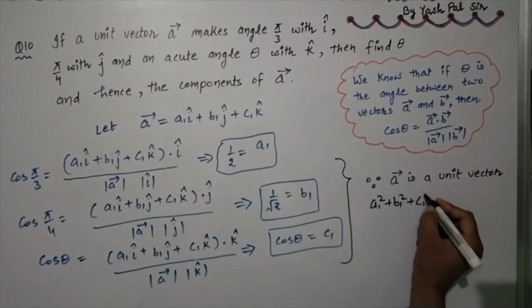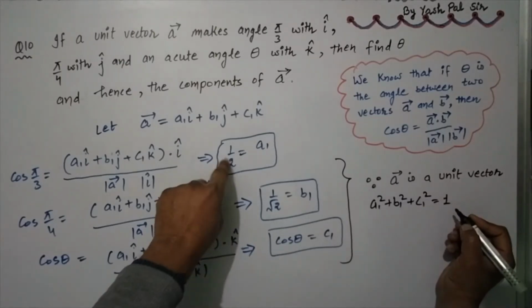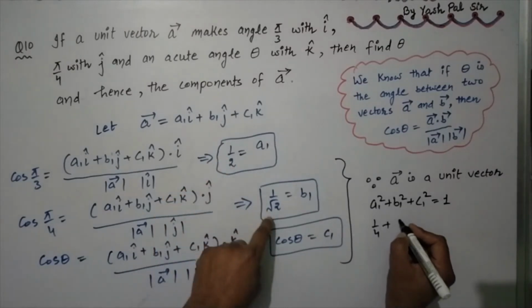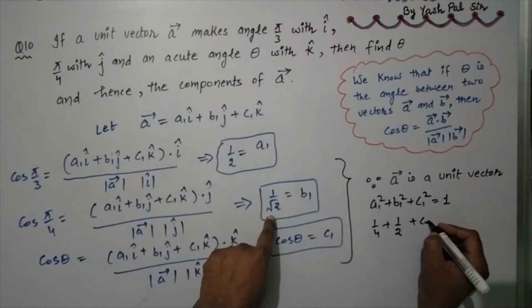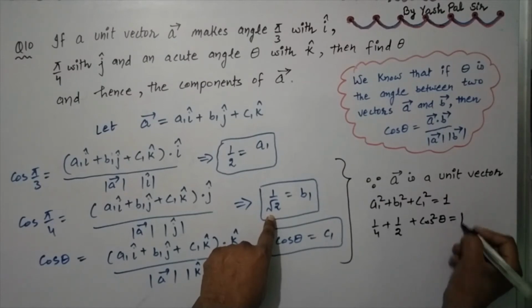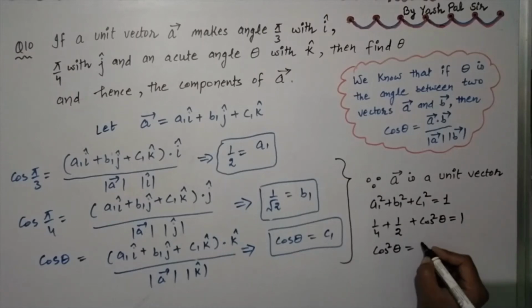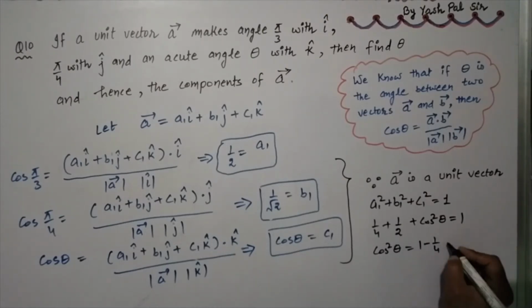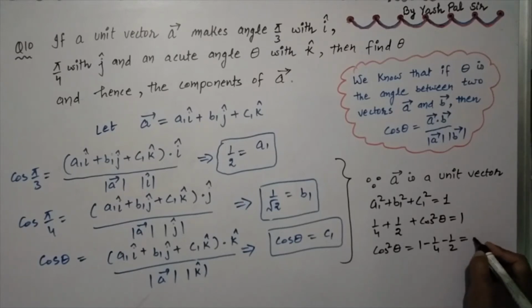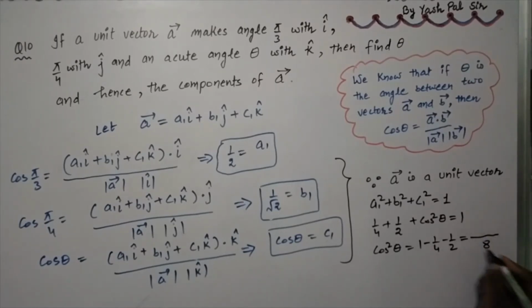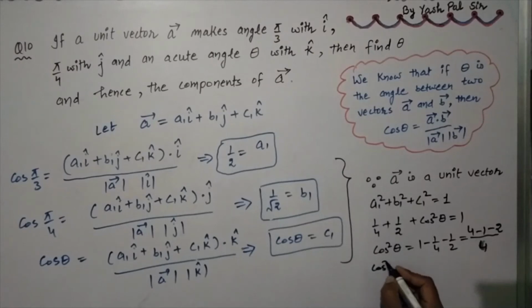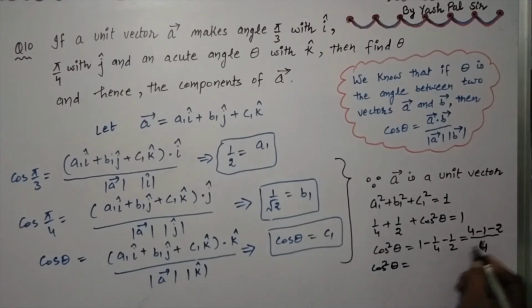We say because A is a unit vector, a1 square plus b1 square plus c1 square is equal to 1. That is 1 by 4 plus 1 by 2 plus cos square theta is equal to 1. So cos square theta is equal to 1 minus 1 by 4 minus 1 by 2, which is equal to, 4 is the LCM, (4 minus 1 minus 2) by 4.